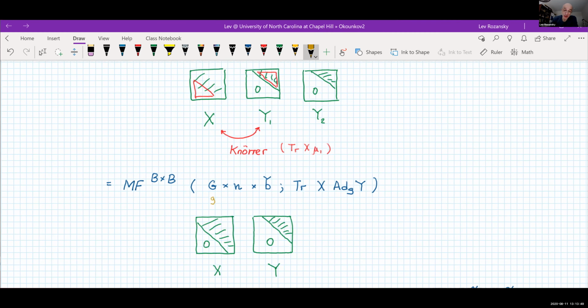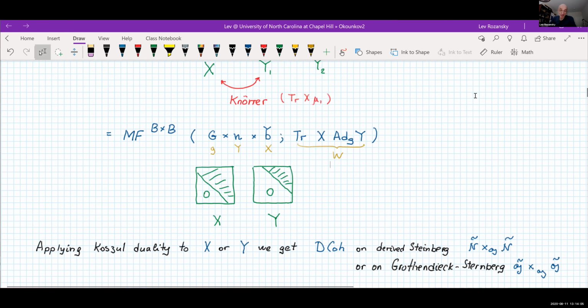You're left with the second matrix Y2, which I simply call Y now, and with the Borel matrix X and a rather simple superpotential. That's the W. So X is upper triangular, Y is strictly upper triangular.